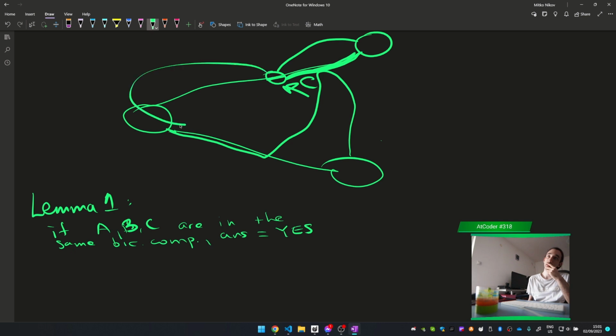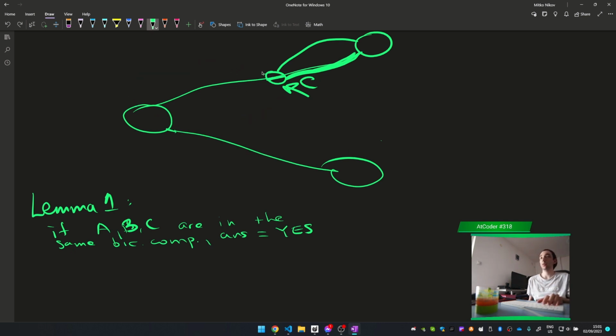But certainly we can compress a biconnected component into one node.